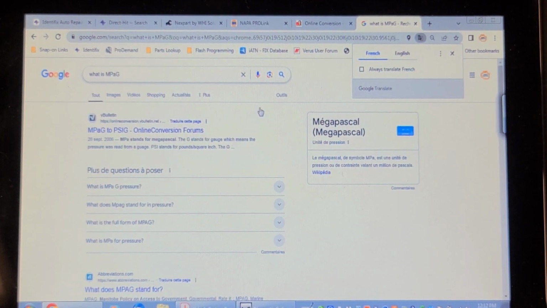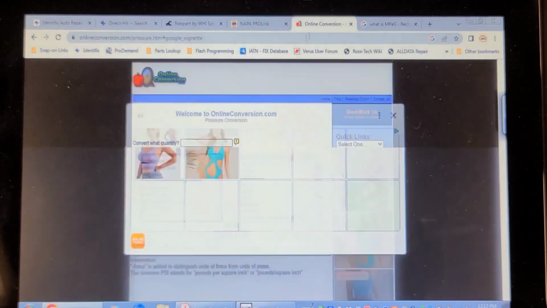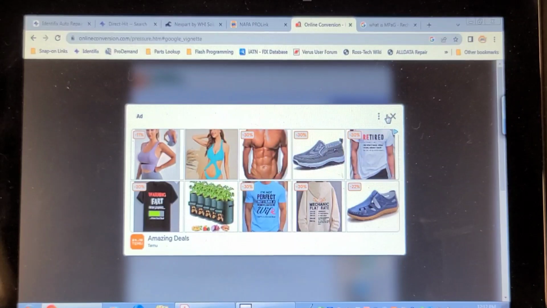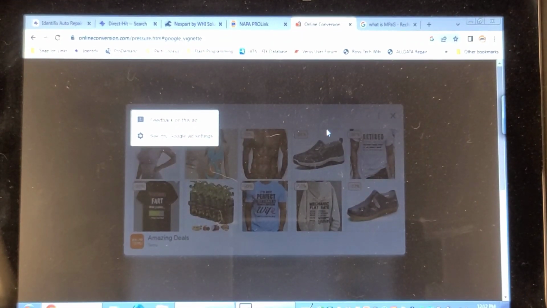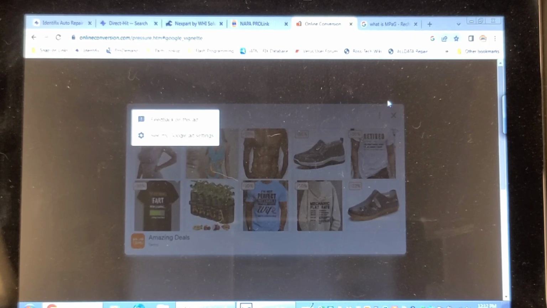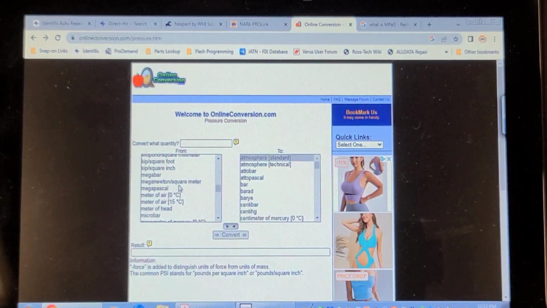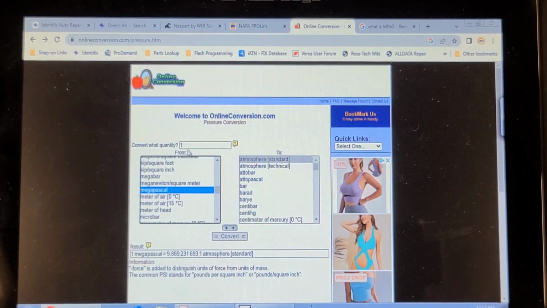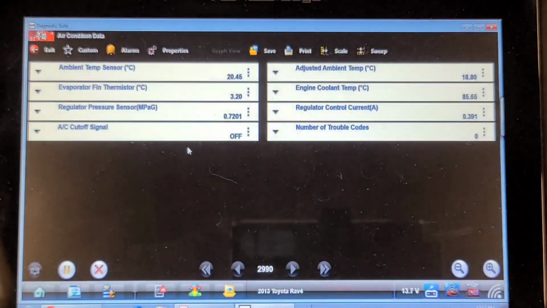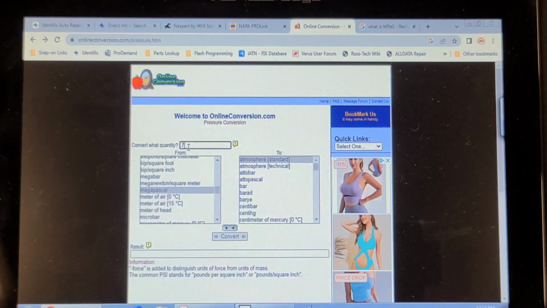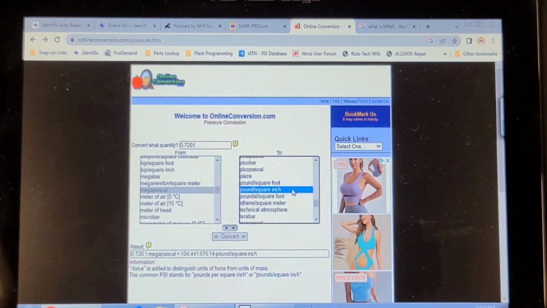So if we do an online conversion between megapascals and PSI, 0.7201 megapascals to PSI, pounds per square inch.